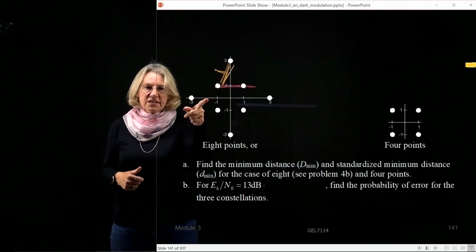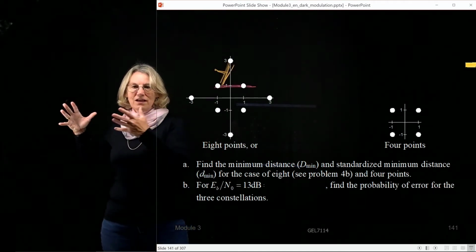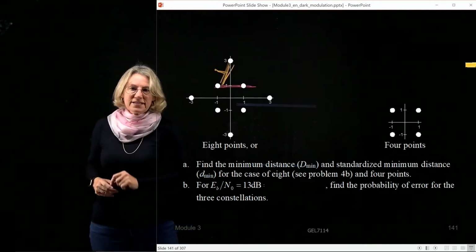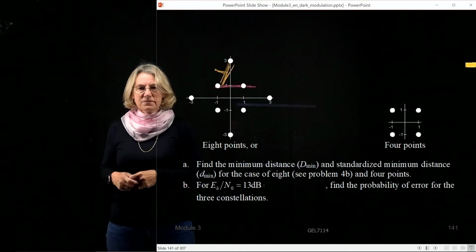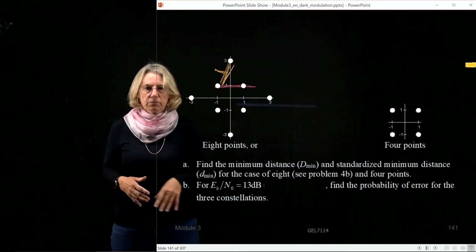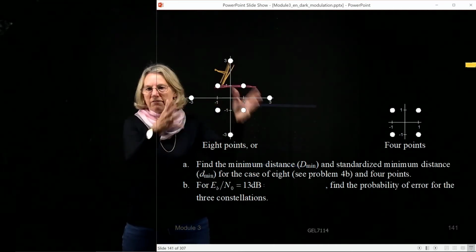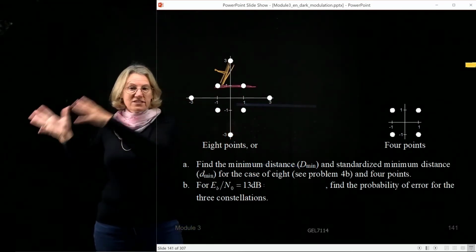Then, this is not the right normalization. This is IQ space, not signal space. So the next step will be to do the normalization. And you have a nice equation for that. You take the distance from the origin for all of these different points, and you find the normalization factor, and then you have a multiplicative factor that tells you how to go from IQ space to signal space.